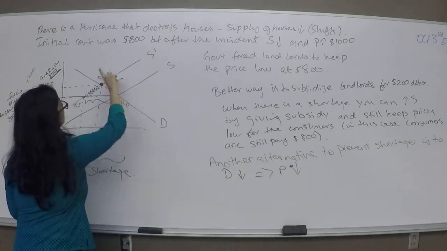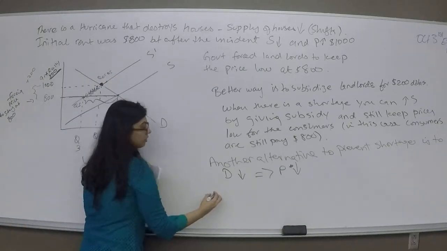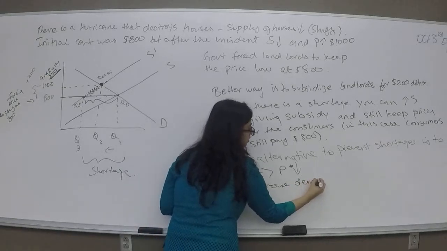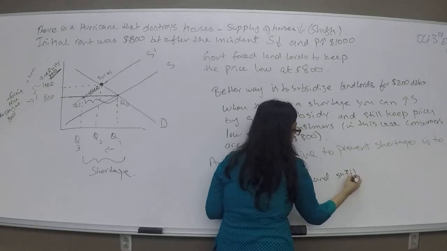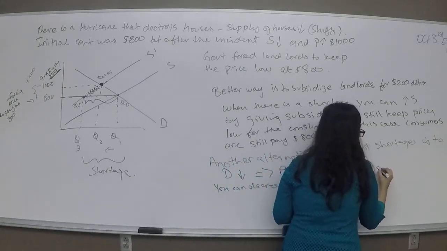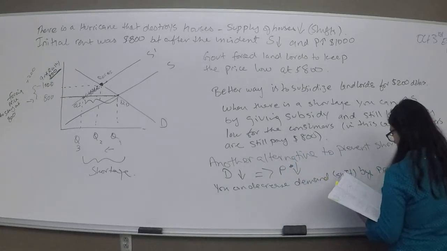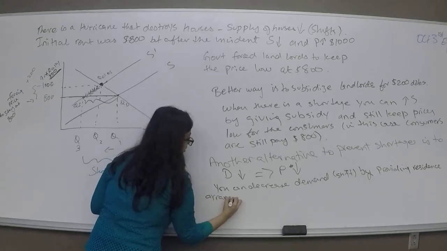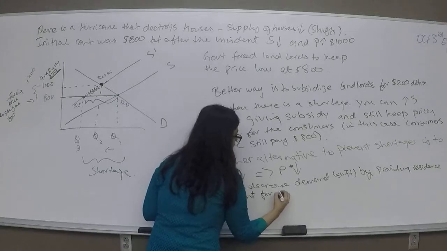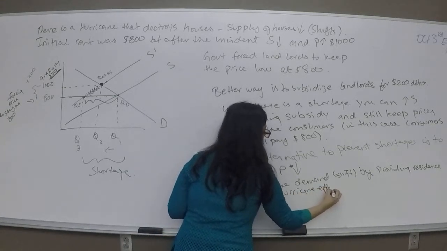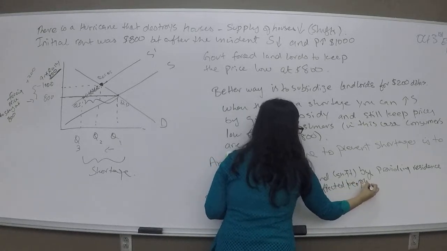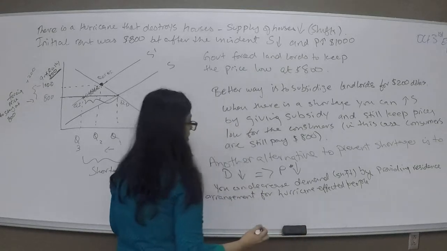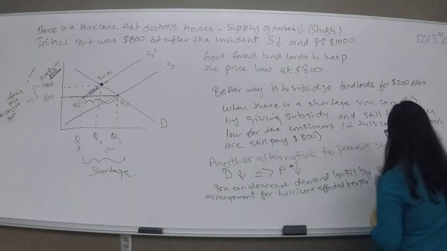So how can you decrease demand in this hurricane circumstance? In this case, you can decrease demand, shift the demand curve, by providing housing, residence arrangement, for hurricane affected people, by the government.